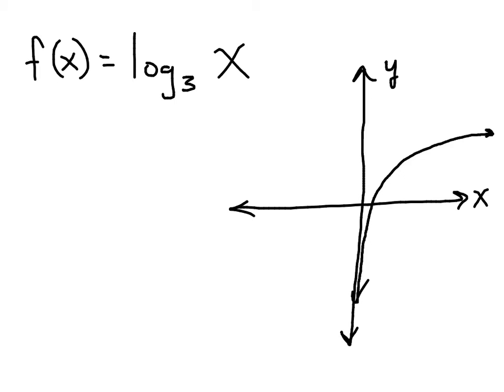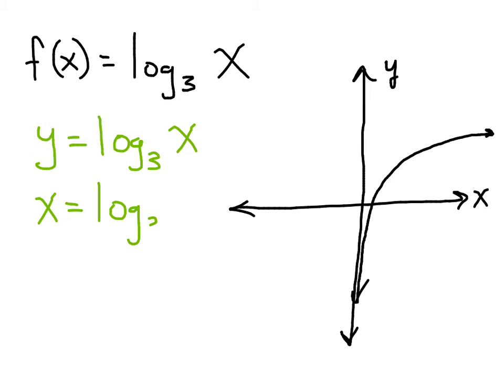In green, to find the inverse, our steps were replace f of x with y. Oh, I have to do it here. Y equals log base 3x. Step 2, switch x and y around. So what should I have? x equals log base 3y.